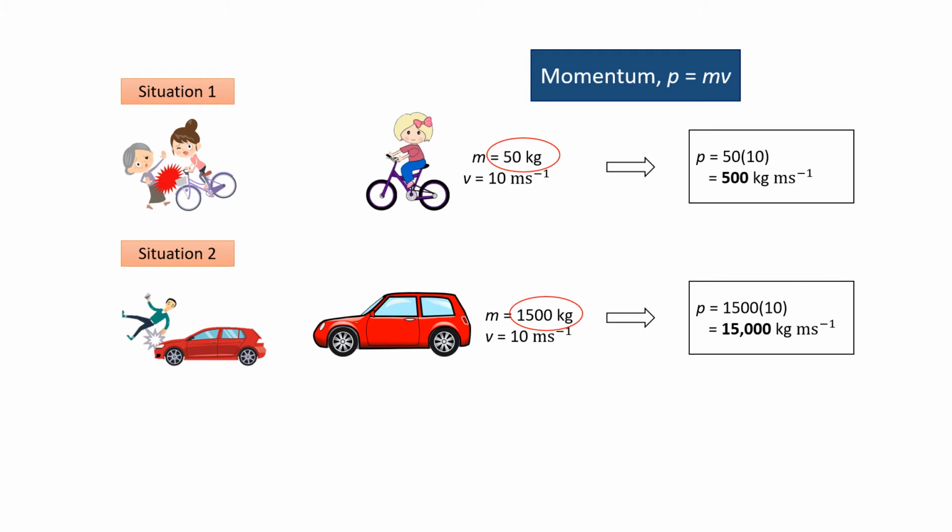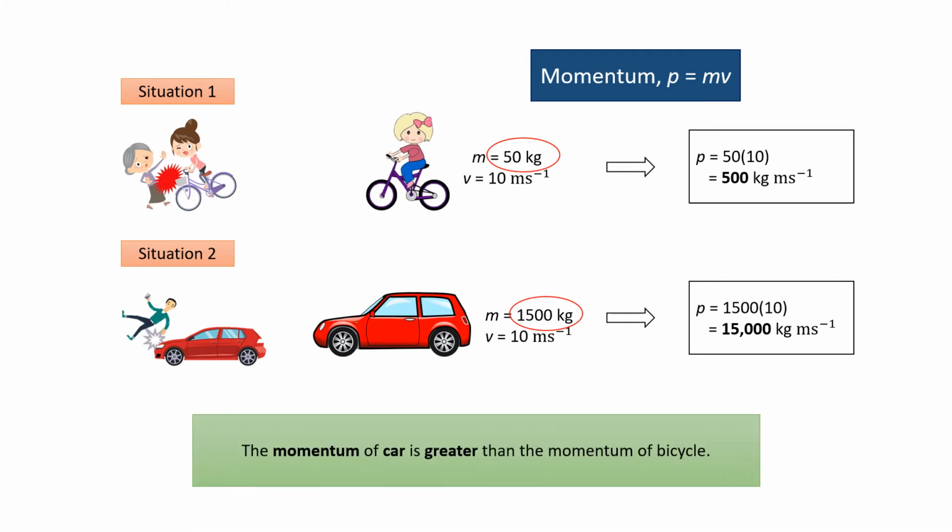This shows that although they have the same velocity, their mass also plays an important role in determining the momentum. Hence, the momentum of the car is greater than the momentum of the bicycle. Therefore, the pedestrian will suffer severe injury when he was hit by the car, while the pedestrian will just get minor injuries when she was hit by the bicycle.